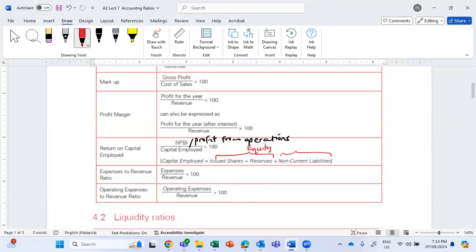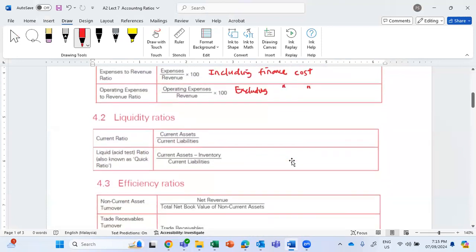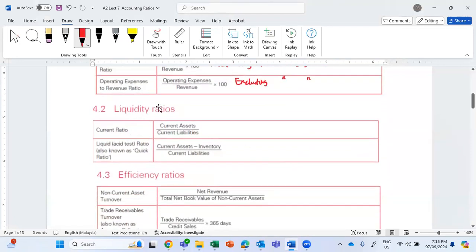So here it's including, here it's excluding finance costs.